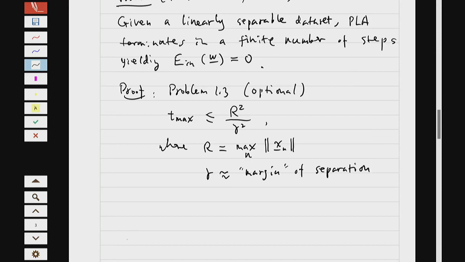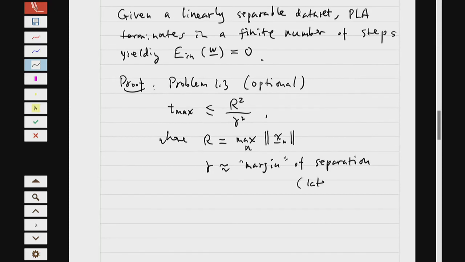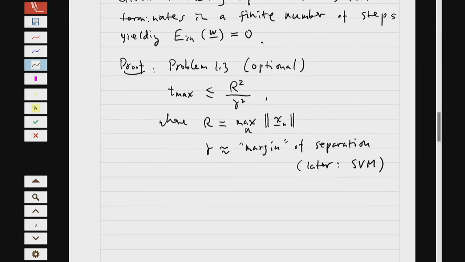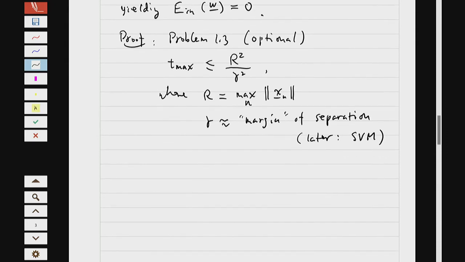We're going to properly define this later when we study the support vector machine, because at that time, this margin of separation becomes important. But for now, suffice it to say that this thing is, by definition, equal to the 2-norm of some W star, which is the optimal solution, divided by y_n W star transpose x_n.